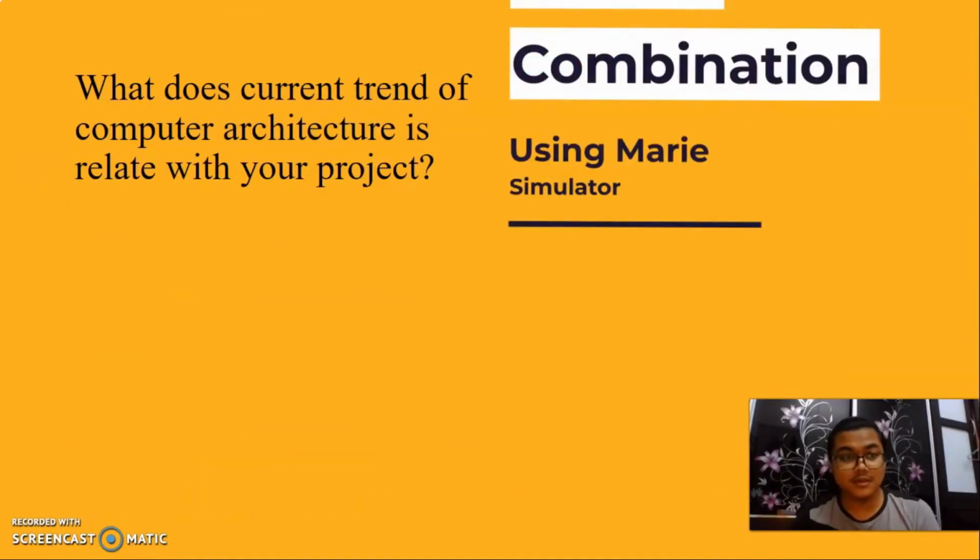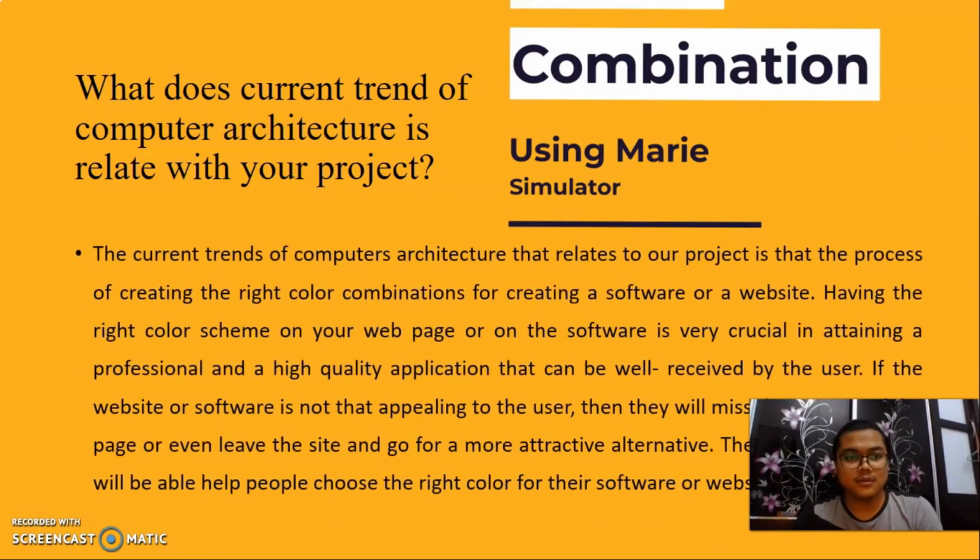Now, this is my question: what does the current trend of computer architecture associate with our project? So, the current trend of computer architecture that relates to our project is the process of creating the right color combination for creating software or a website. Because we understand that color is very important to attract any user of software or any website.